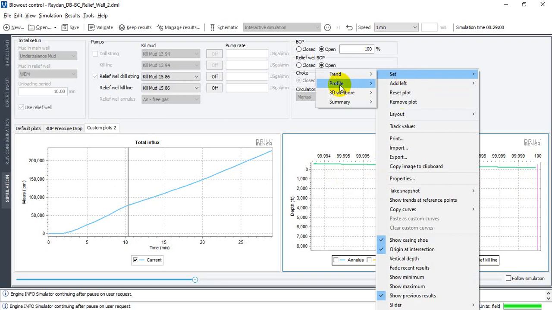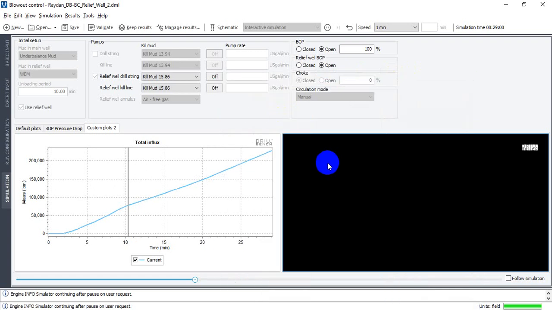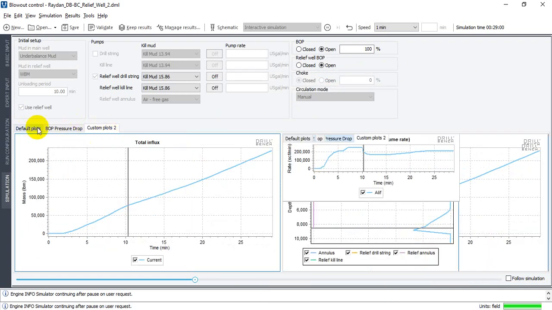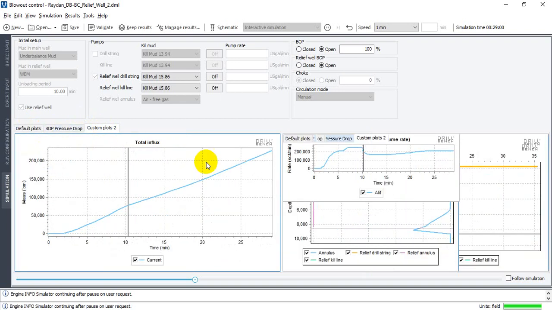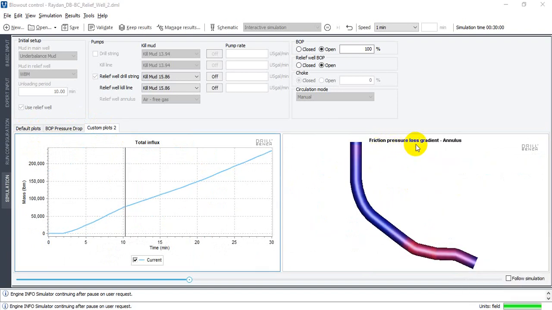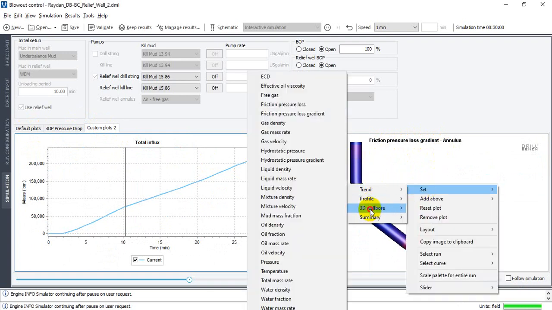I can set or change this by the friction pressure losses gradient. I have the slab. The friction pressure losses gradient at the annulus, or set another 3D wellbore.